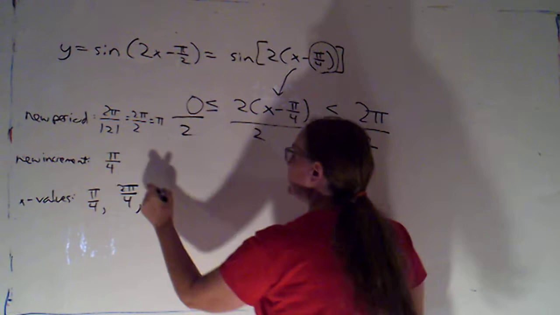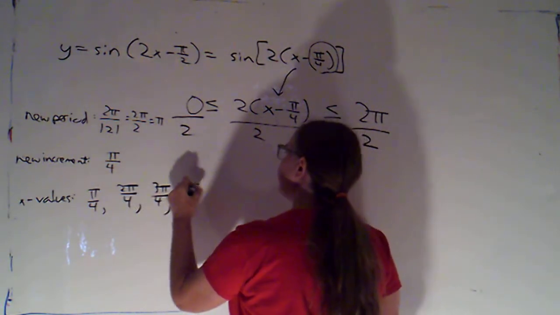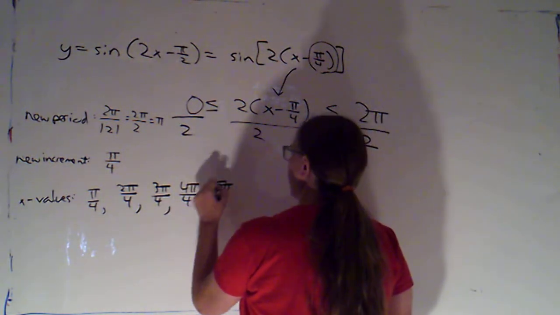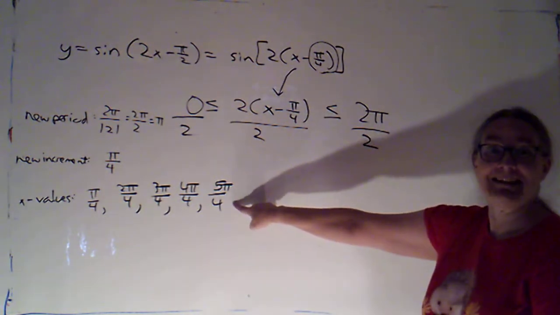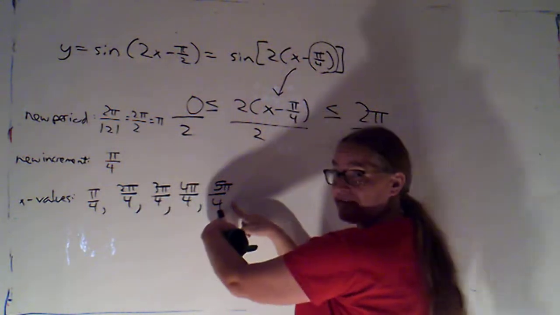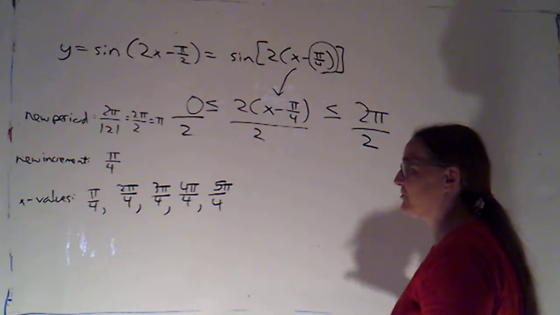Then add pi over 4, I'd get 3 pi over 4. Add pi over 4, I'd get 4 pi over 4. Add pi over 4, I'd get 5 pi over 4. Kind of nice, that's supposed to be my ending value. I added my increment 1, 2, 3, 4 times, and that gives me my ending value. So again, there's a built-in double check right there.